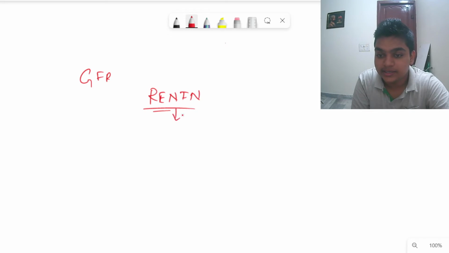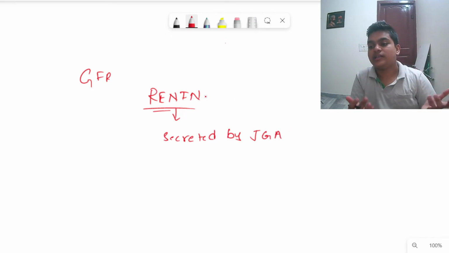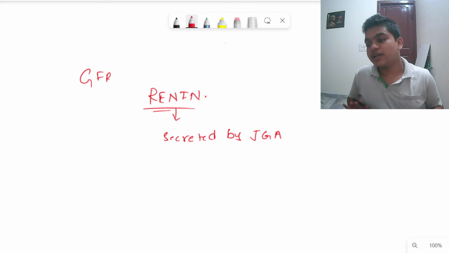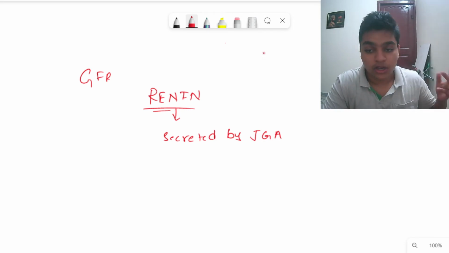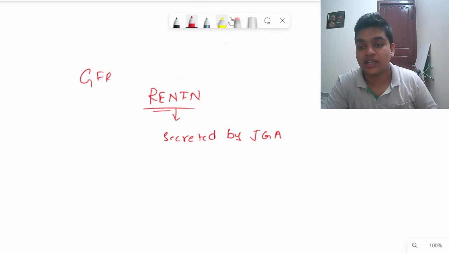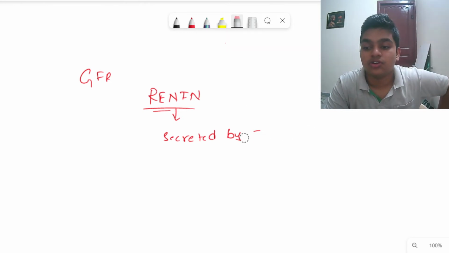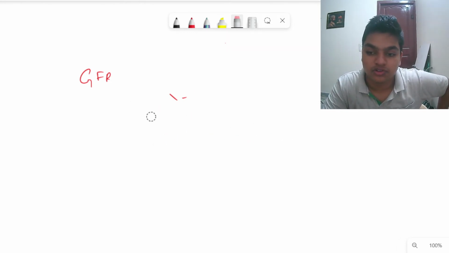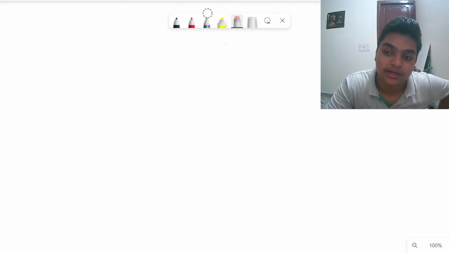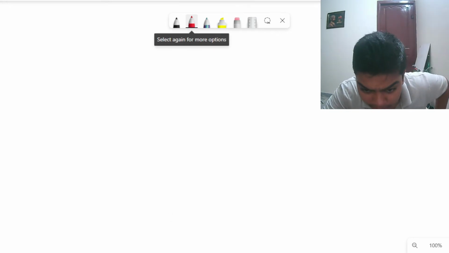This renin is secreted by the JGA, and this renin regulates the glomerular filtration rate. How, we will be discussing in the regulation of the formation of urine, which comes after this, here only.